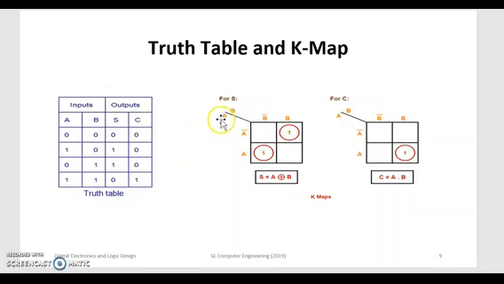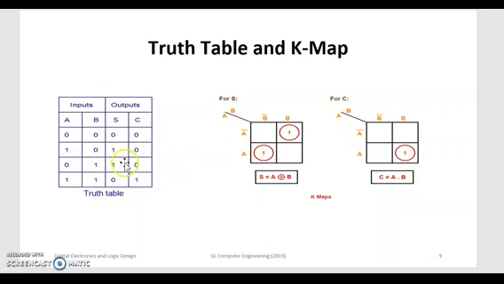So inputs are A and B. B will be negative, positive. A will be negative, positive. 0 1 0 1. In case of sum, I get 1 when A is 1 and B is 0. So where A is 1 and B is 0, I place this 1.